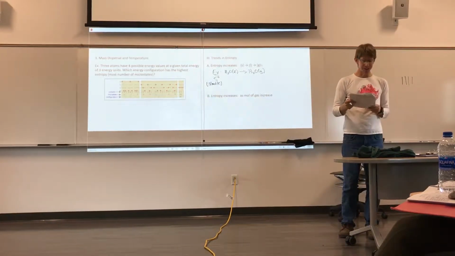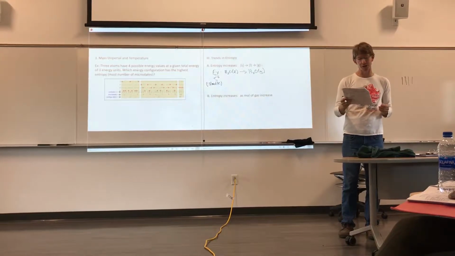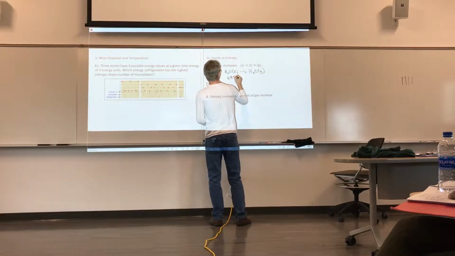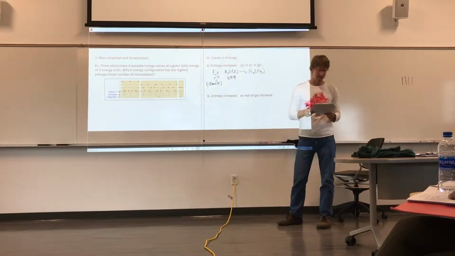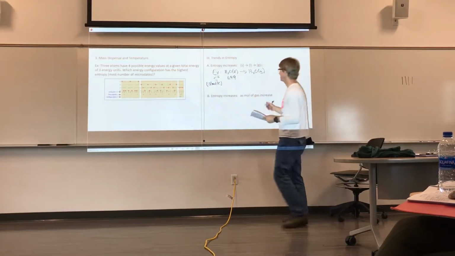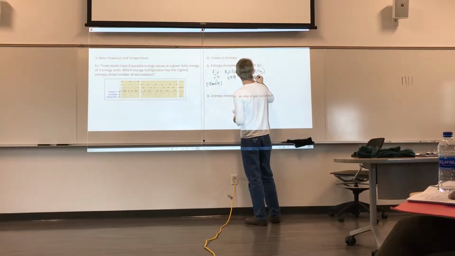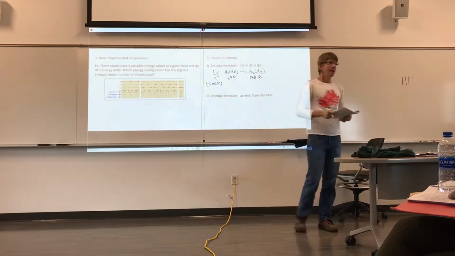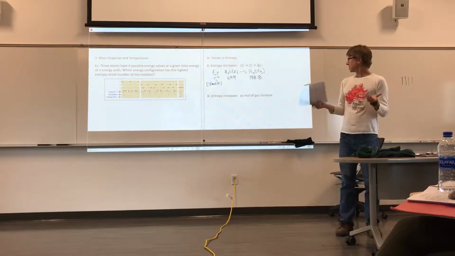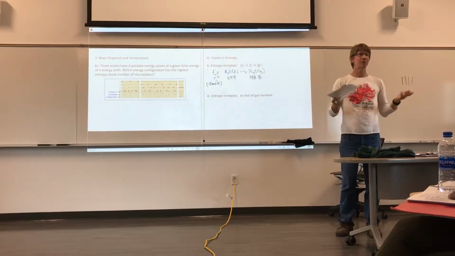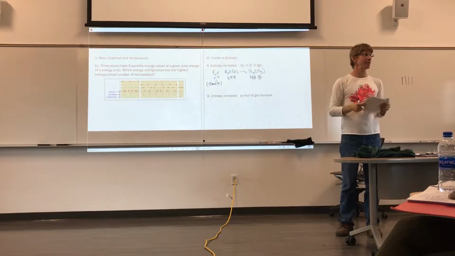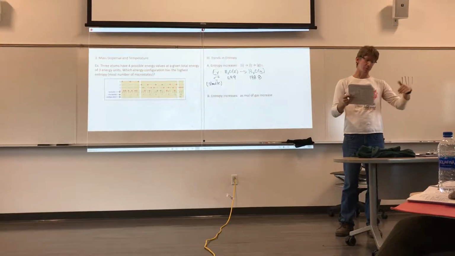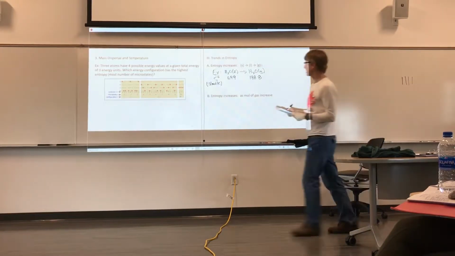And when you do, you will see that for liquid water, you get 69.9, and for H2O gas, you get 188.9. So they get bigger. What entropy is telling us is that entropy increases when you go from liquid to gas.